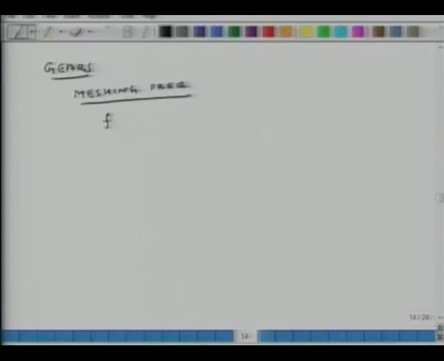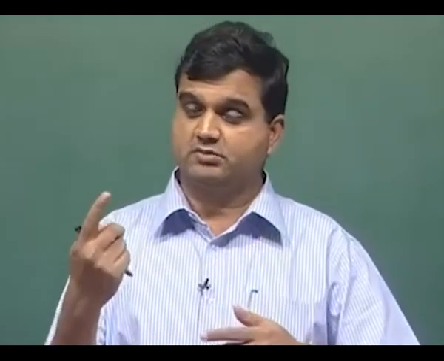Your meshing frequency is N times n, where uppercase N is the number of teeth on a particular gear and lowercase n is RPM divided by 60. If you have two gears which are mating, they have one single meshing frequency. The smaller gear will have the same meshing frequency as the larger gear.